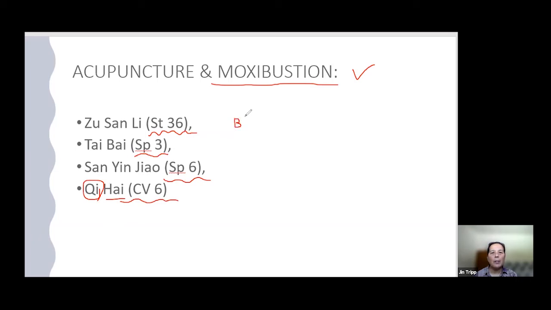Certainly we can add in back shu points, like Bladder 20, to tonify qi more. And we also can add in the back shu of the lung. We say we have two organs that control qi all over the body: one is the spleen, one is the lung. So when people have qi difference, if we diagnose lung qi difference, we still can at the same time tonify spleen qi.